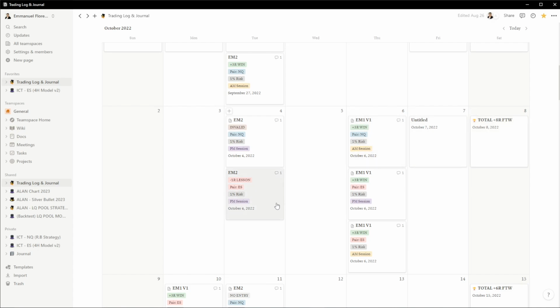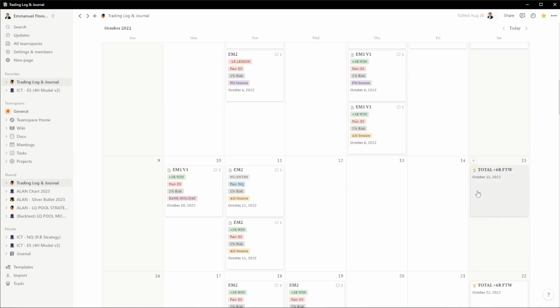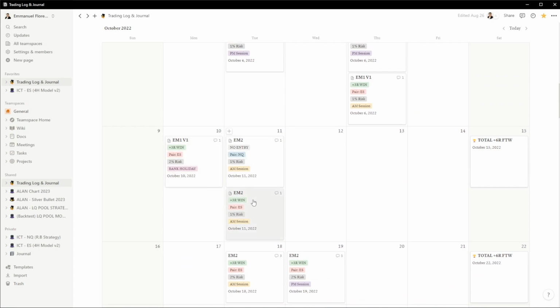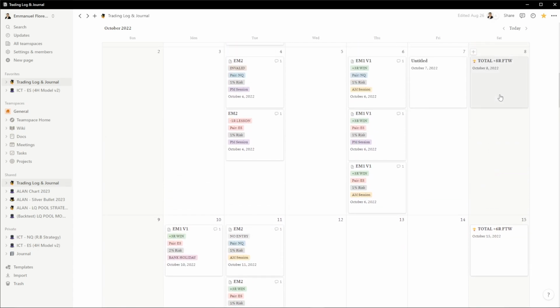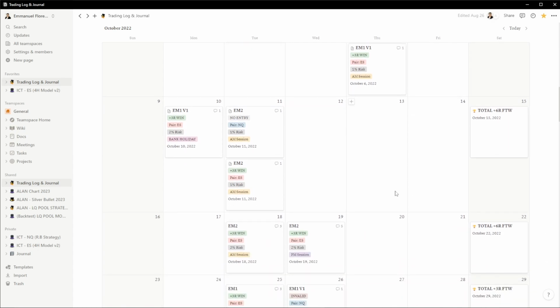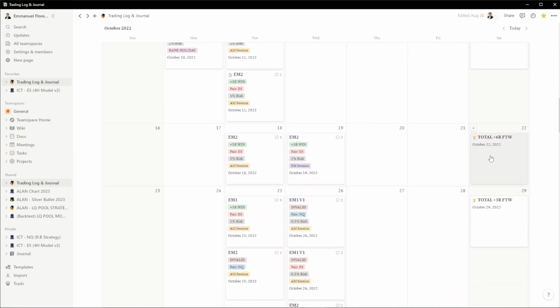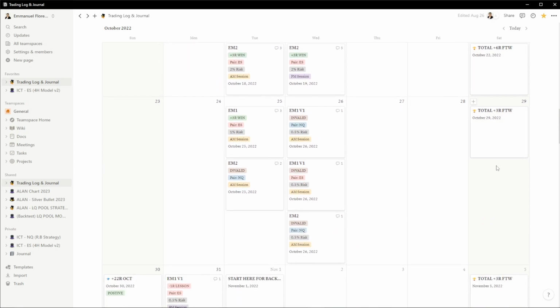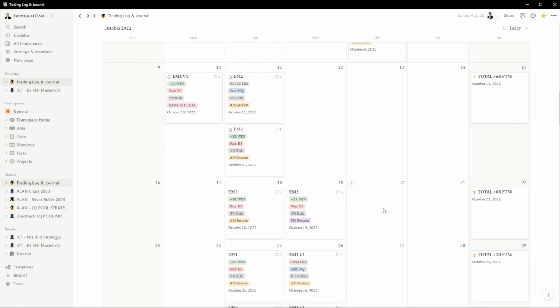We did have a loss here with an EM2. So if we put all of this together, say 3, 6, 9 minus 1, 8. 3 plus 3 is 6. So right there, 8 plus 6. We got another 6R here, another 3R right there.